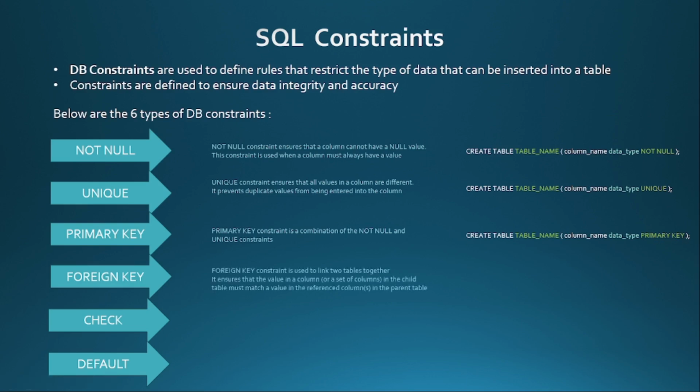And foreign key. Foreign key constraint is especially used to link between two tables. It is a kind of relation to be established between the parent table column and the child table column. Syntax for foreign keys: create table name, column, data type, and this is quite a different syntax.